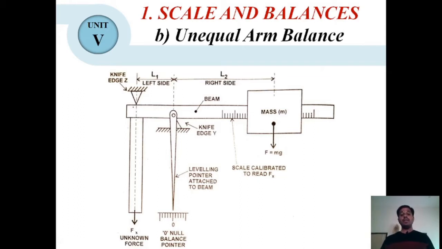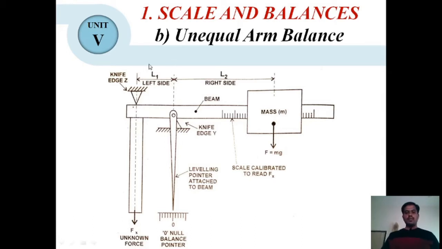If the value of Fx is more, then the mass will try to move downwards. In order to avoid this, the mass will slide over the graduated beam. If the unknown force is very low, automatically the mass will try to move downwards, that is, it will come to the end of the beam.